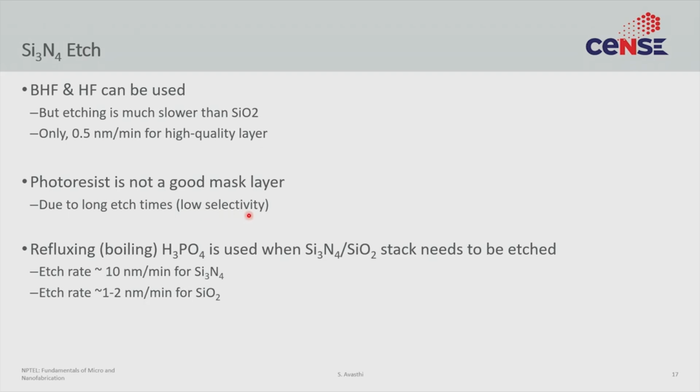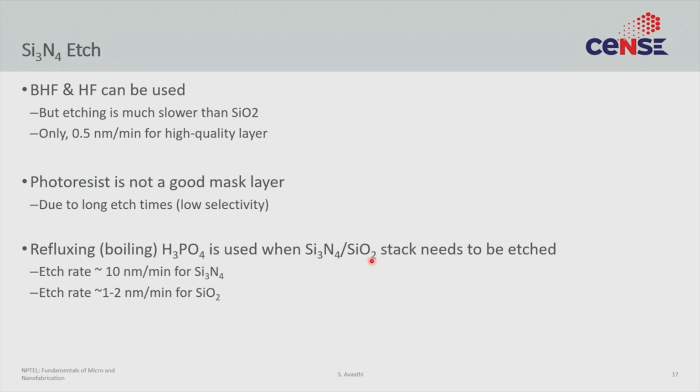To prevent all of these issues, oftentimes silicon nitride is etched through a different acid. It's etched with boiling H3PO4. Now, the challenge with boiling H3PO4 is photoresist does not withstand this very well. So often the masking layer for this etch is actually silicon dioxide. So this is an example where you're using a hard mask.